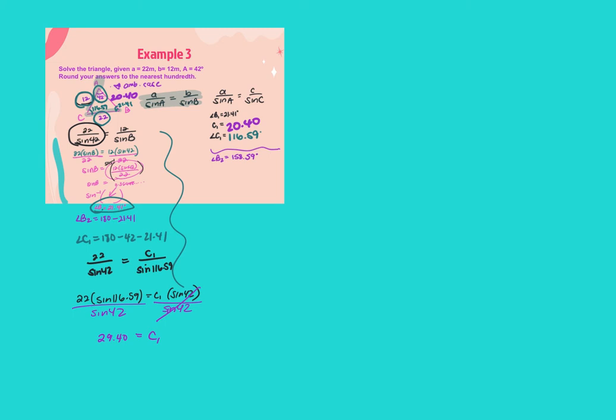Then I have to complete triangle 2. For triangle 2, I'm going to draw it out again so we can see that they're different triangles. I am keeping all the information they originally gave me because that's true for both triangles. So side A is still 22, side B is still 12, and angle A is still 42 degrees.